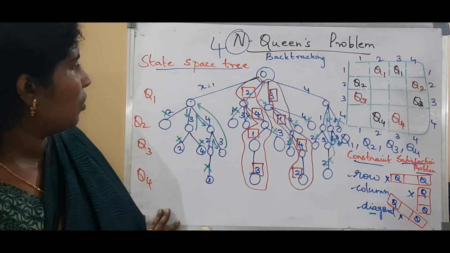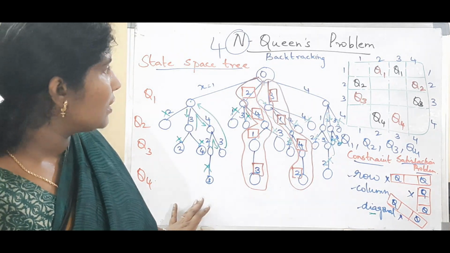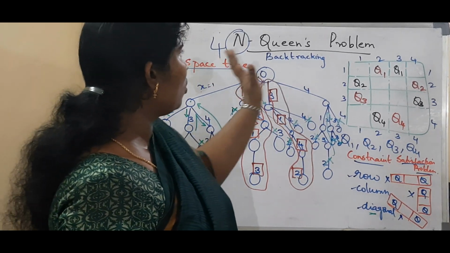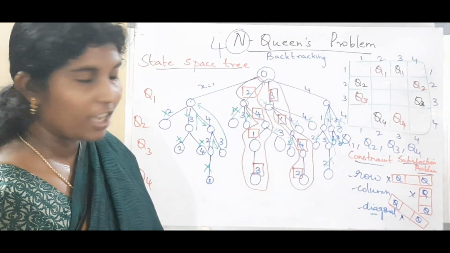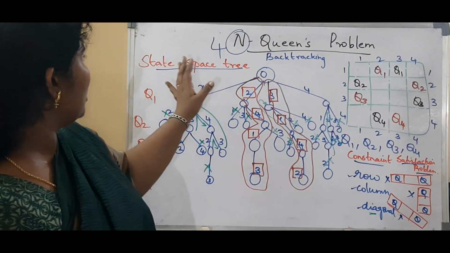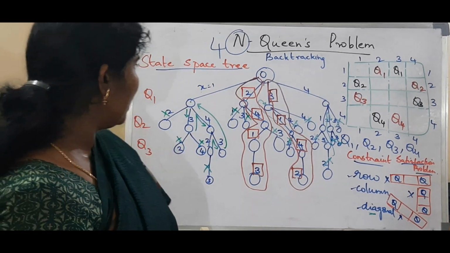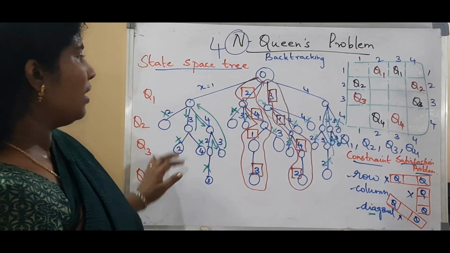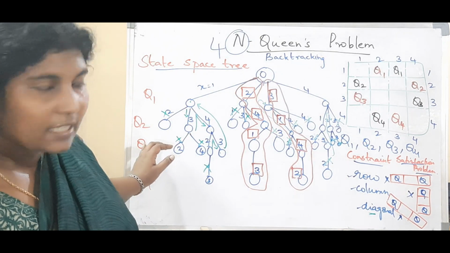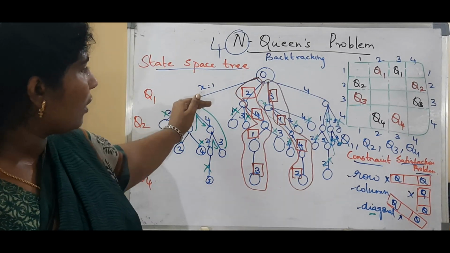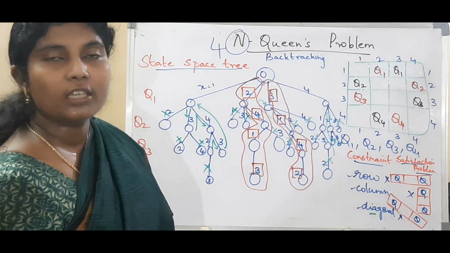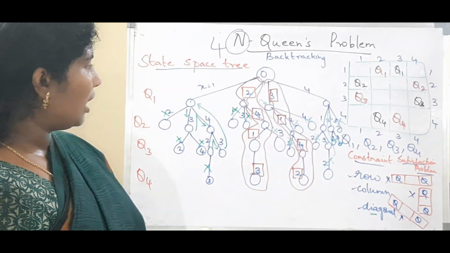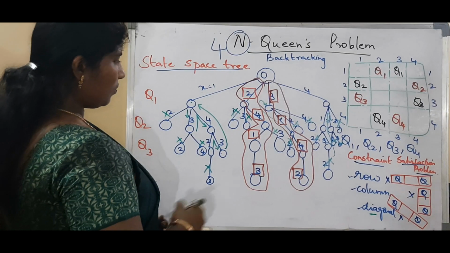So this is how we solve this n queens or 4 queens problem using the method of backtracking by constructing a state space tree, and for each level, if the constraint is not satisfied, then we backtrack, go to the previous level and check whether the condition is being satisfied or not, and thus we get 2 different solutions.